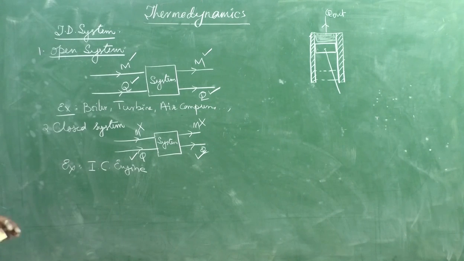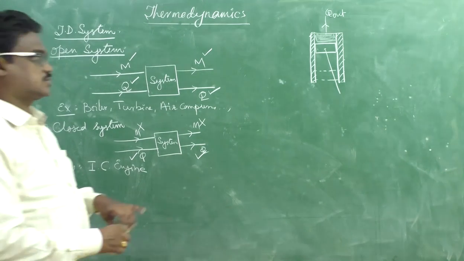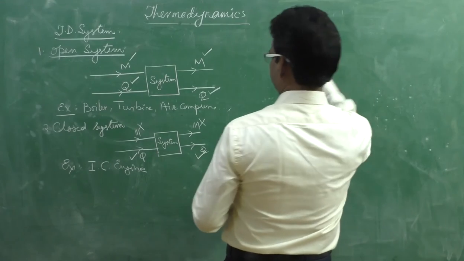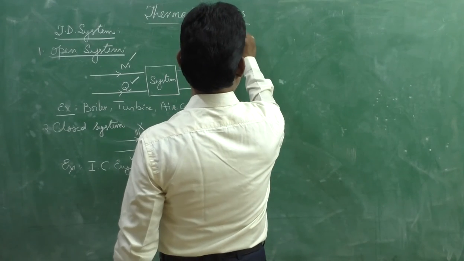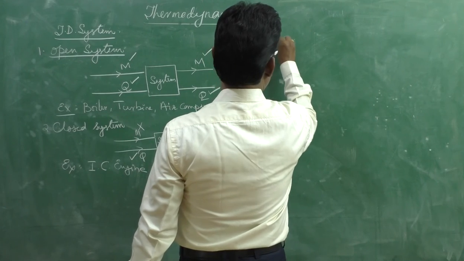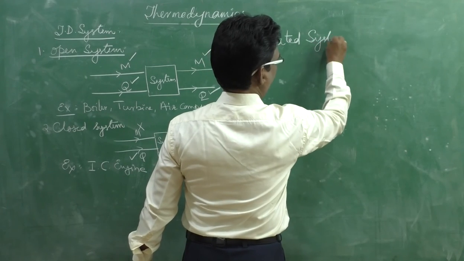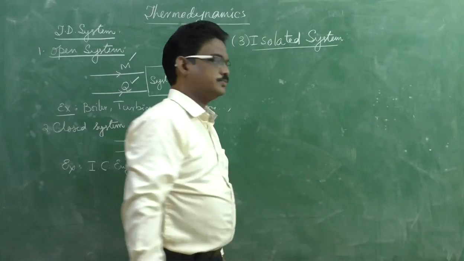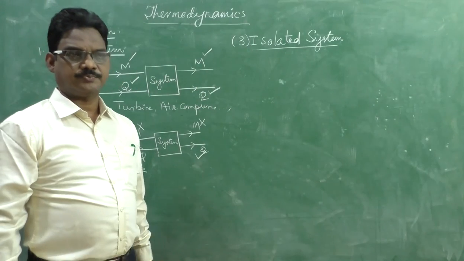Right. Now the third type of system is an isolated system. Okay. Third one. Isolated system. Now, what is an isolated system?